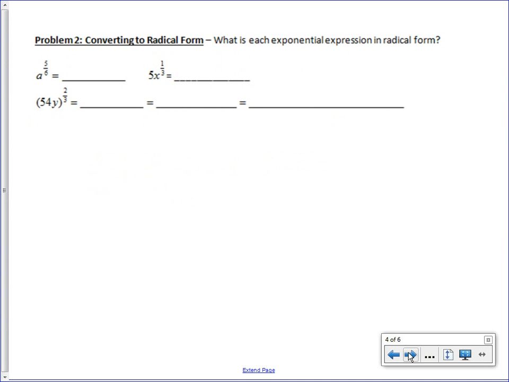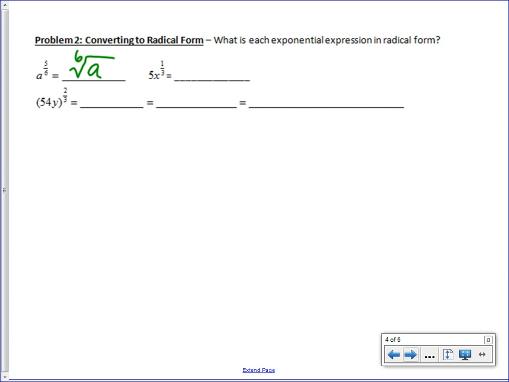All right, so problem 2 is converting to radical form. What is each exponential expression in radical form? So our first one, remember the denominator of our exponent is the root, or the index of our radical expression.